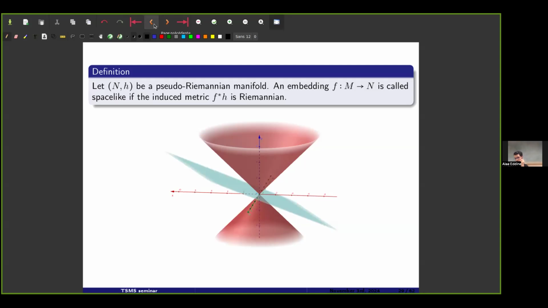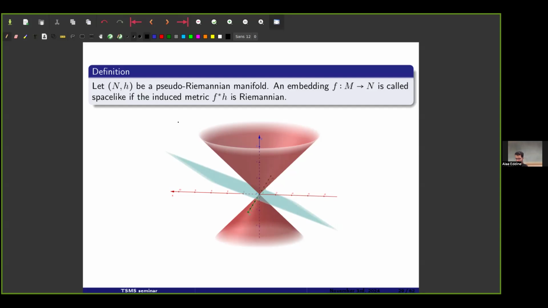One thing to add is that in the pseudo-Riemannian case, since the metric is not necessarily positive definite, some vectors have positive norm, we call them spacelike. Some vectors have negative norm, we call them timelike, and some vectors have zero norm, we call them lightlike. For an embedding of some manifold in a pseudo-Riemannian manifold, if the induced metric is always Riemannian, we call it a space-like embedding.